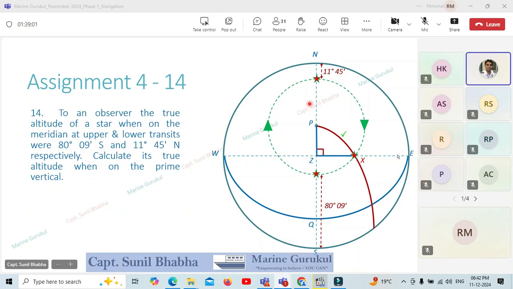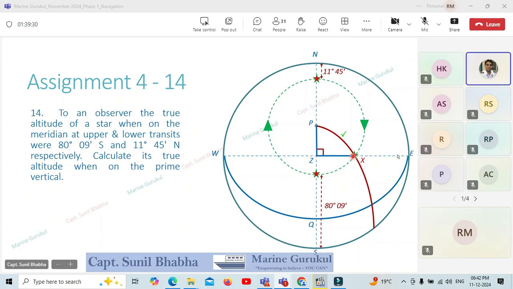Now I can easily find out the diameter of the declination circle of the star. The diameter will be 180 minus 1145 minus 8009. Exactly similar to what we did in the previous questions. So when we halve the diameter, we get the polar distance of the star, which is PX. So PX, the polar distance, is known to us.